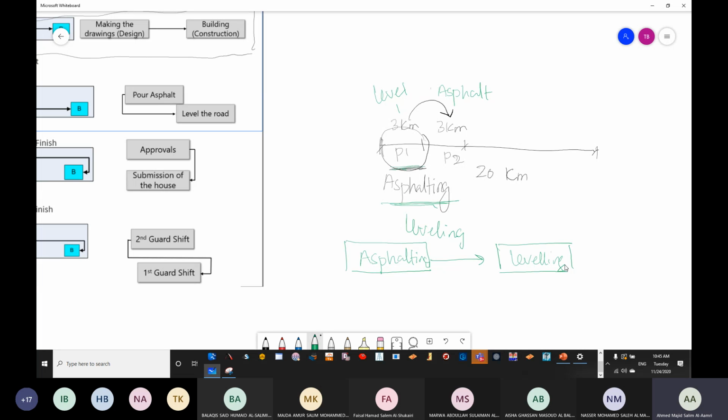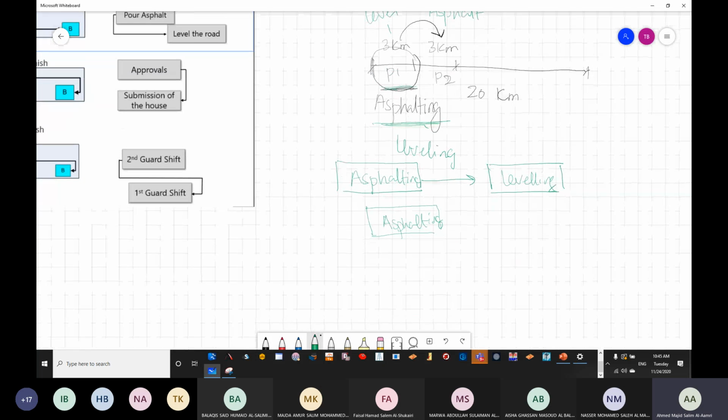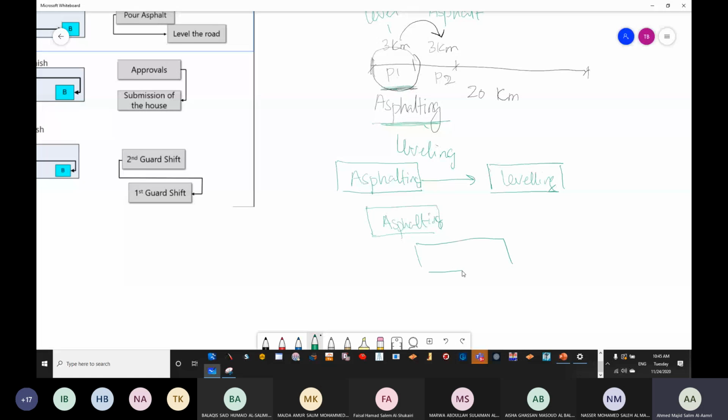Okay. Now, if I told you the relationship is start to start, whenever we start asphalt, we can start leveling. Is it going to be faster than the first one or slower? Do I need to finish the whole asphalting to start the leveling?